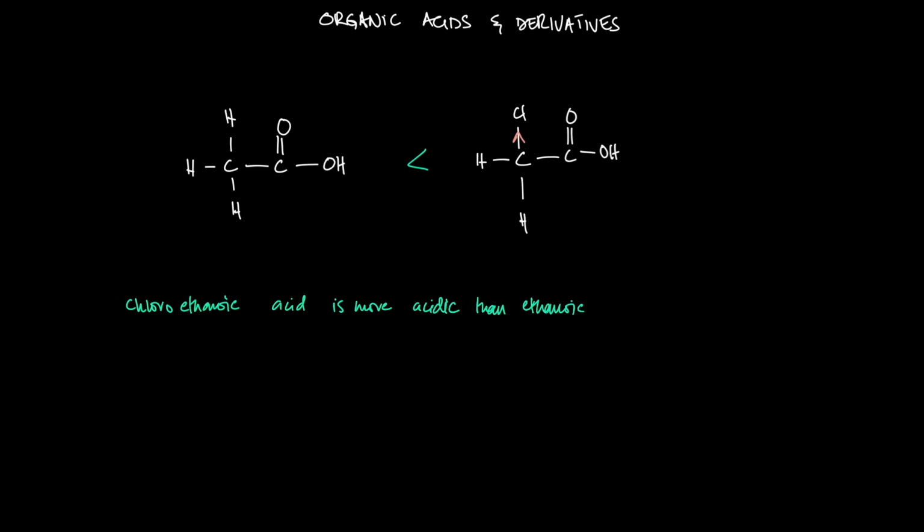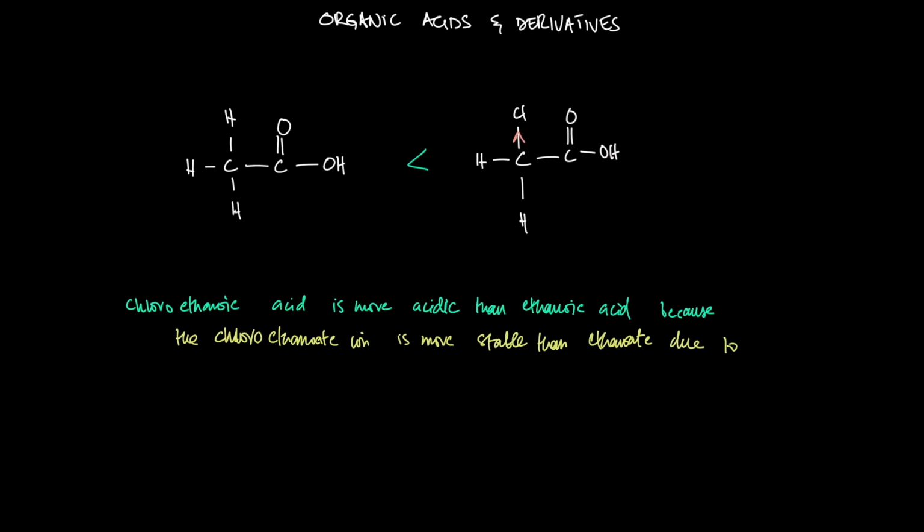And the reason why is because the chloroethanoate ion, right, that's the conjugate base, is more stable than the ethanoate ion due to the electron withdrawing effect of the chlorine atoms.